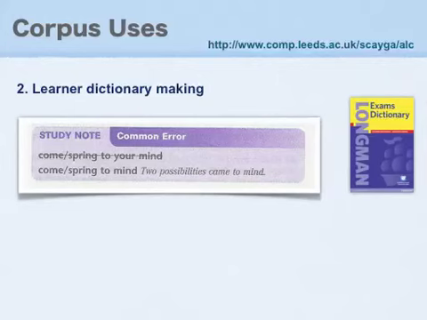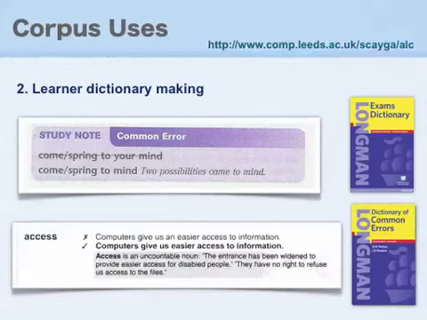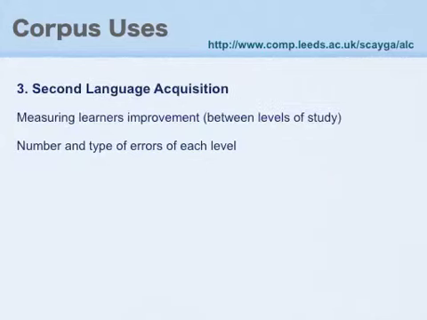This is an example of common error warning in the entry mind of the Longman exam dictionary. Also, a specific dictionary like this can be made for common errors in order to help learners to identify and avoid these language mistakes.